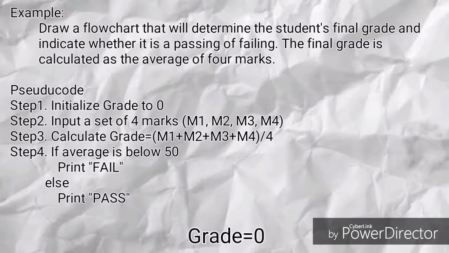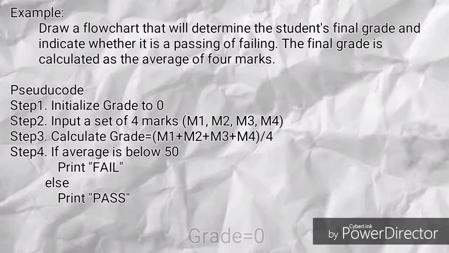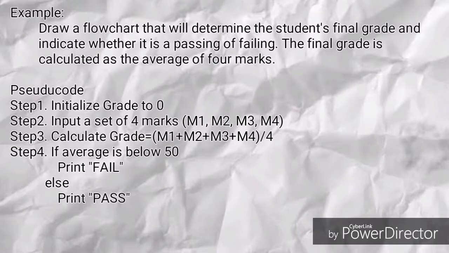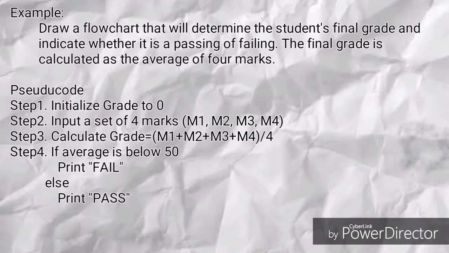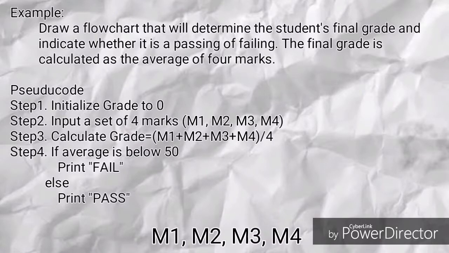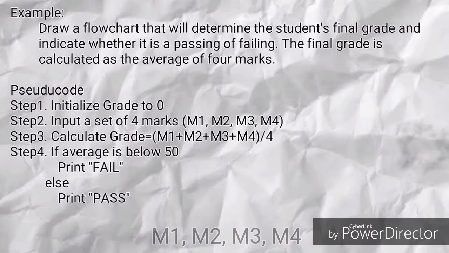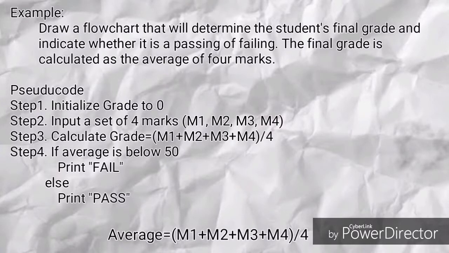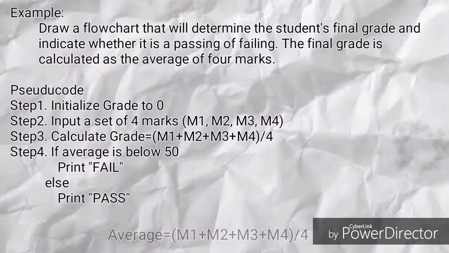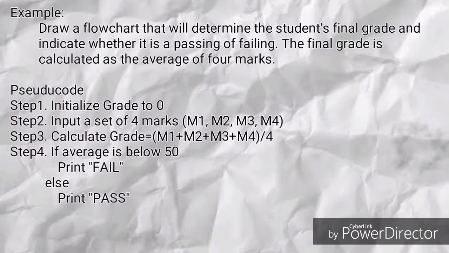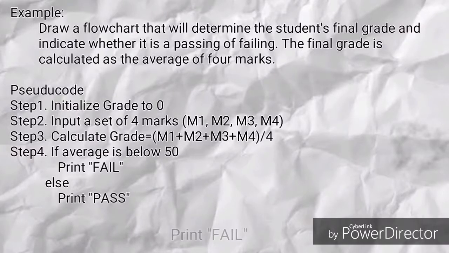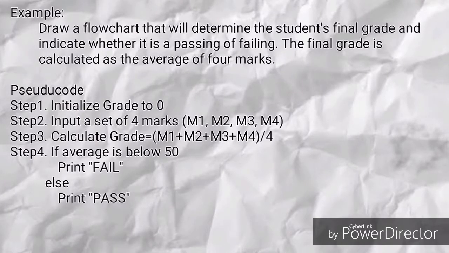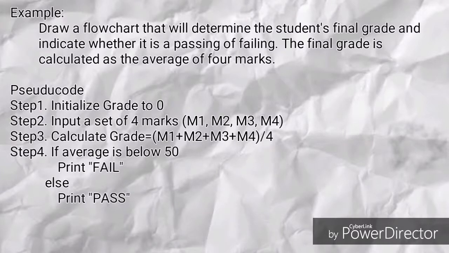Initialize grade to 0. Step 2. Input a set of 4 marks: M1, M2, M3, and M4. Step 3. Calculate their average by summing and dividing by 4. Step 4. If average is below 50, print fail, else print pass.